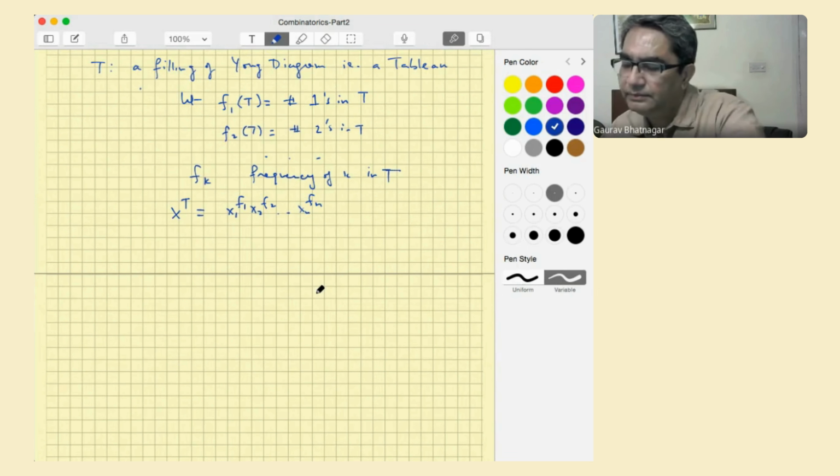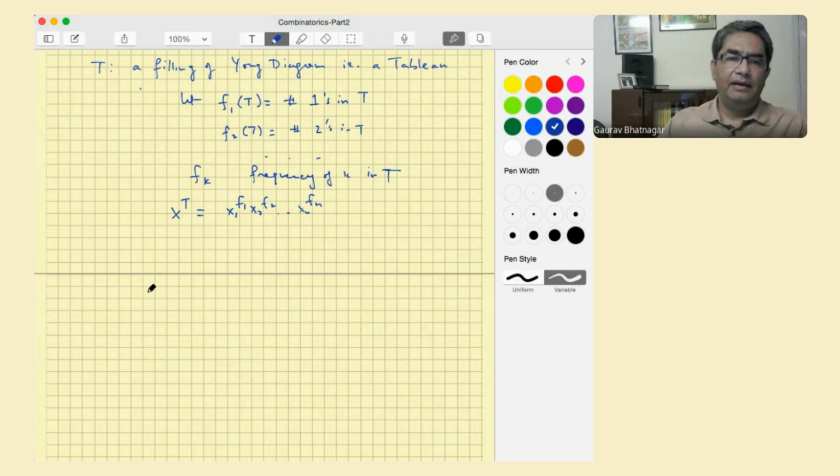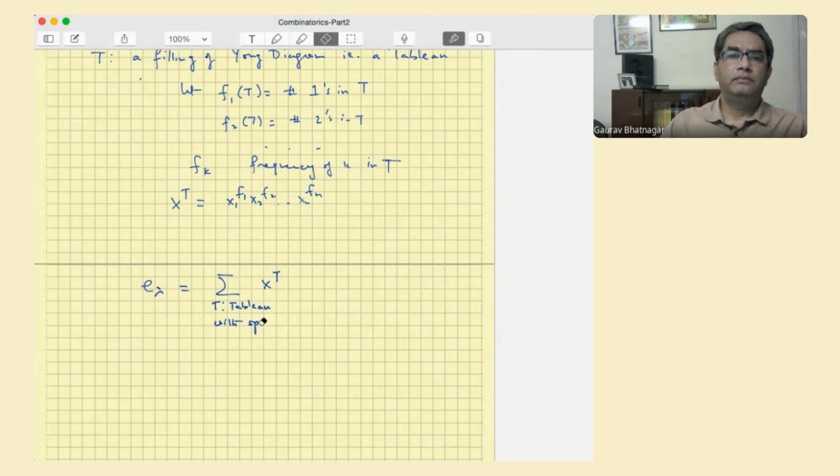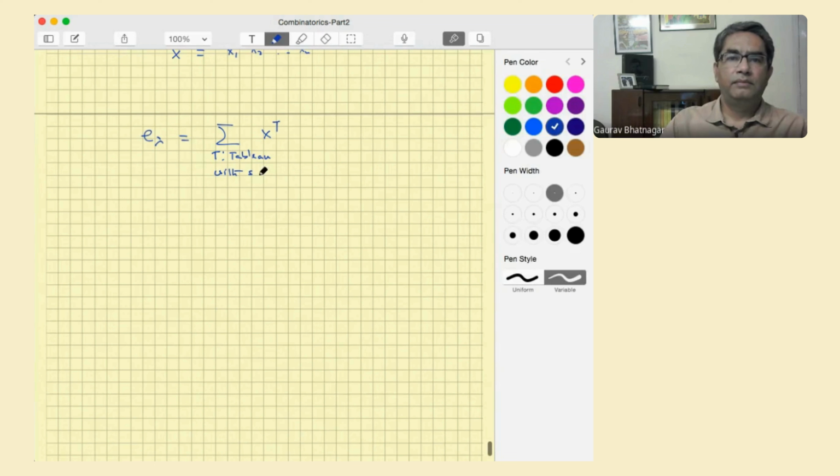And E lambda can then be written as the sum of x to the T, where T is a tableau with shape lambda and a row strict filling of lambda.